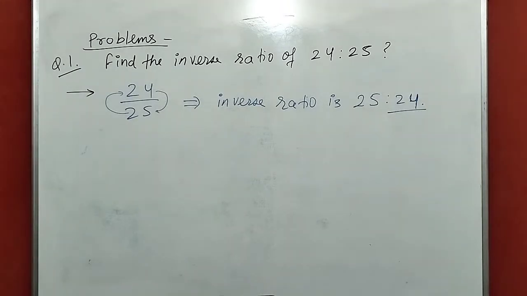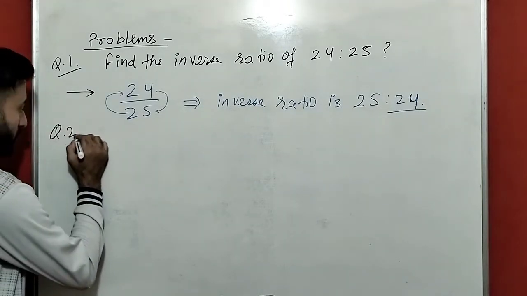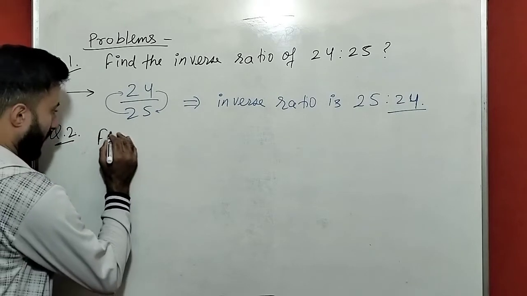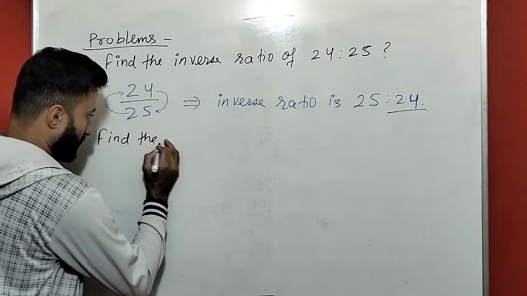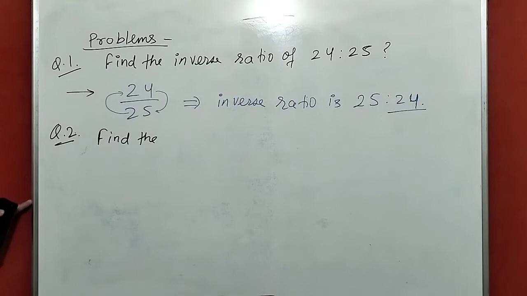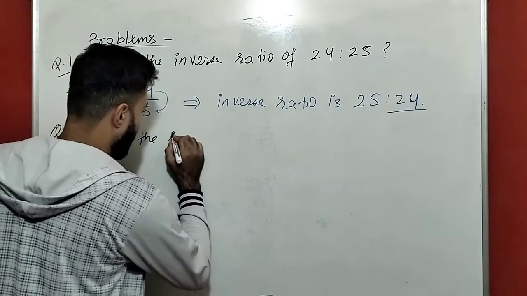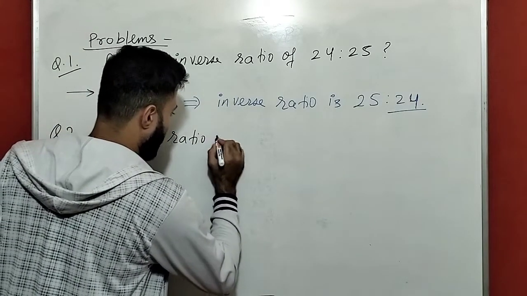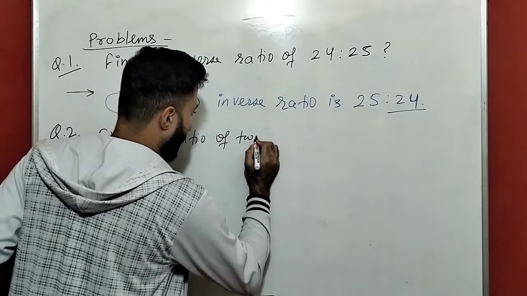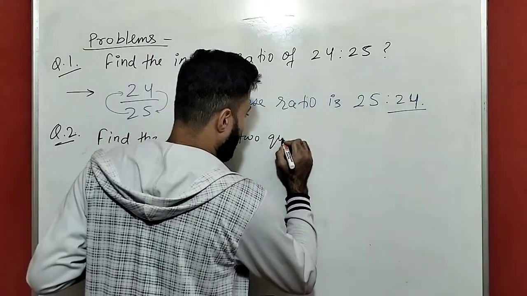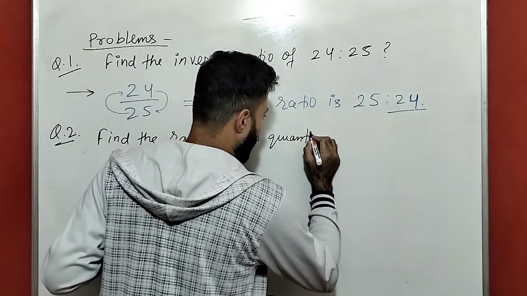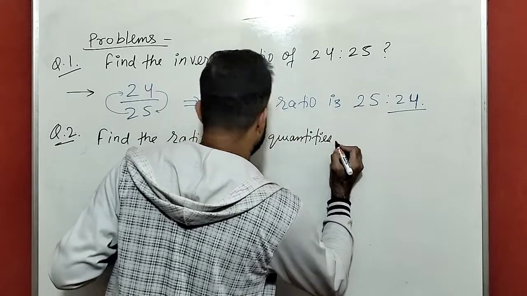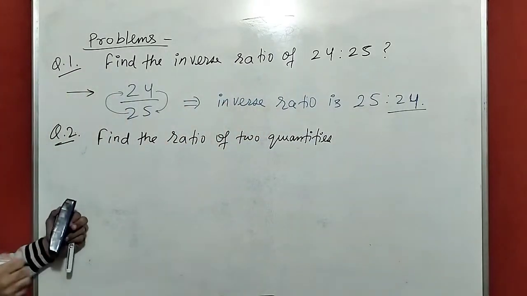Then next question. Question number 2. The ratio of two quantities, you have to find. Two quantities means we are using only two quantities, the antecedent and the consequent.